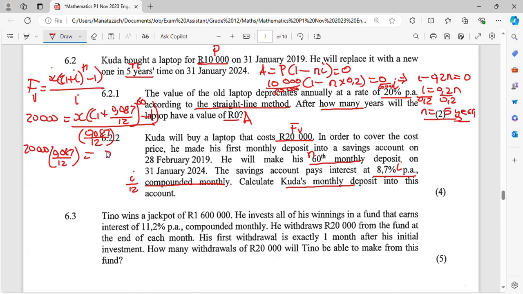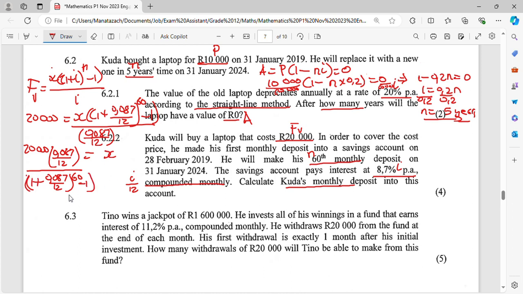Then on the right hand side, it'll only be remaining with X. So including this bracket, since it's multiplying X on the right hand side, on this side it's going to be dividing. That's 1 plus 0.087 divided by 12, everything to the power 60 minus 1.